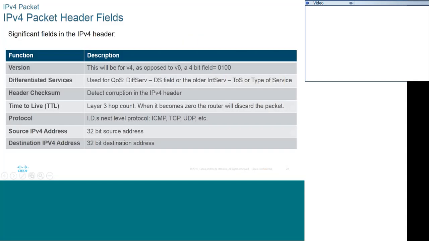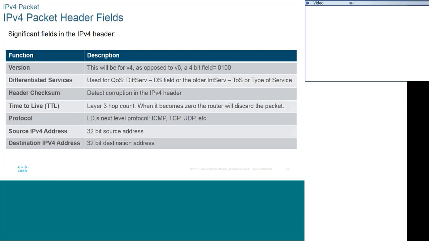There are different kinds of functions in the IP header. As we have said before, TTL will discard the packet when it becomes 0. This is the counting process for eliminating the possibility that the packet is still circulating around when it doesn't have any destination because of some error that may happen.